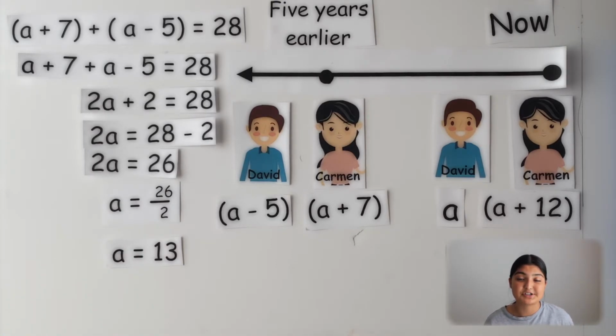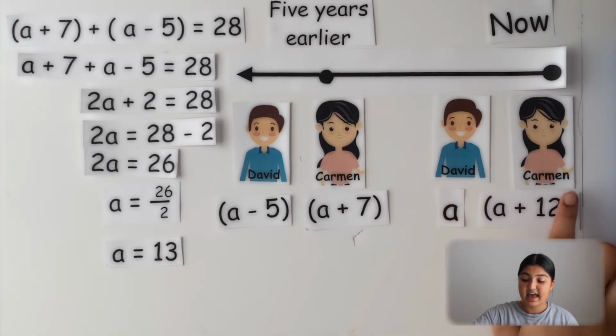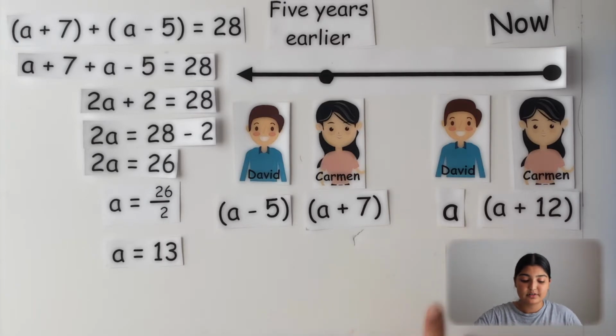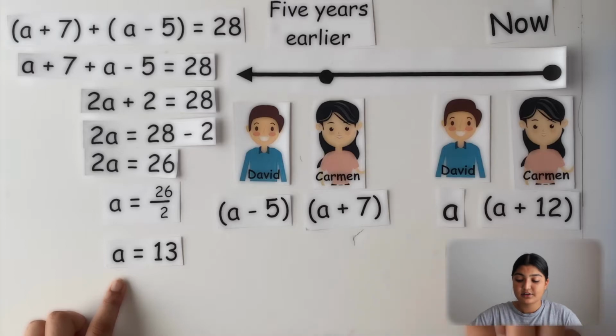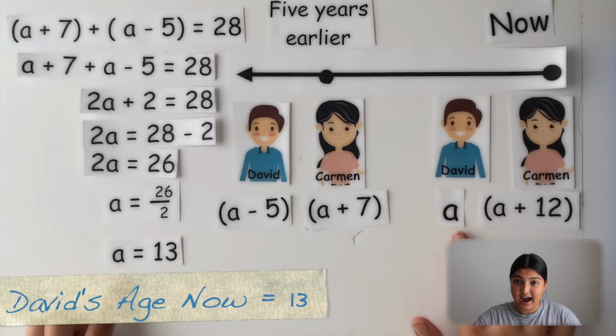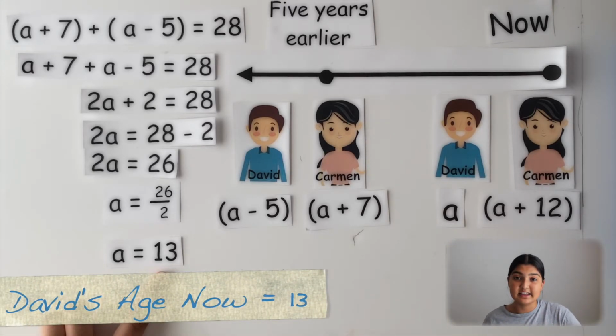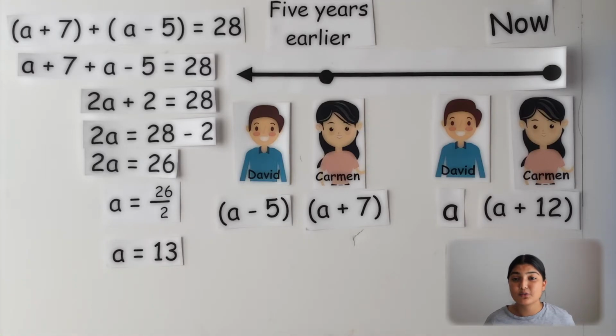And since the question is asking for David and Carmen's age now, we know that A, which is David's age now, is 13. But what about Carmen's age?